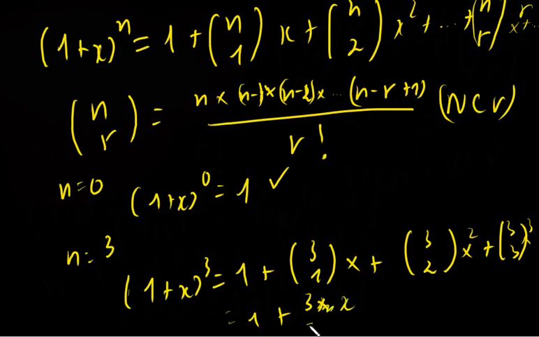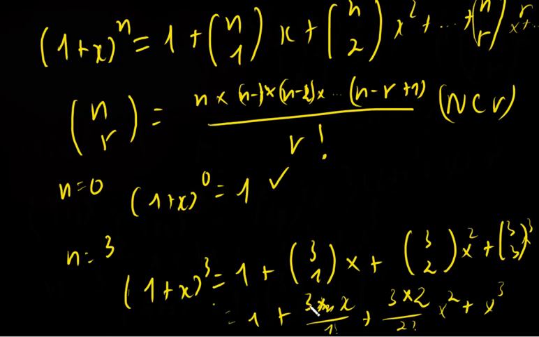So here we have 3x over 1 factorial plus 3 times 2 over 2 factorial x squared, plus x cubed, whose coefficient is equal to 1.